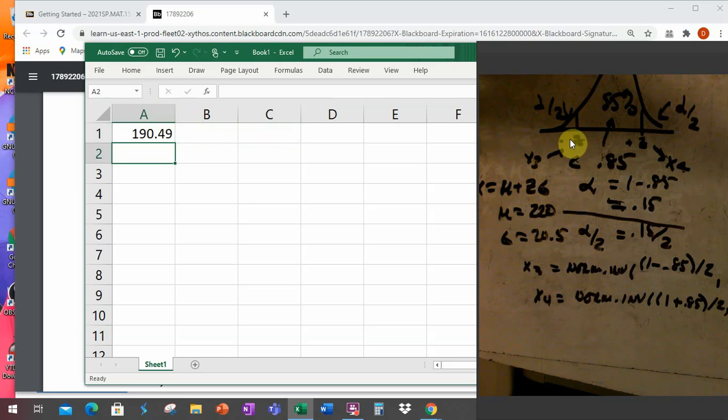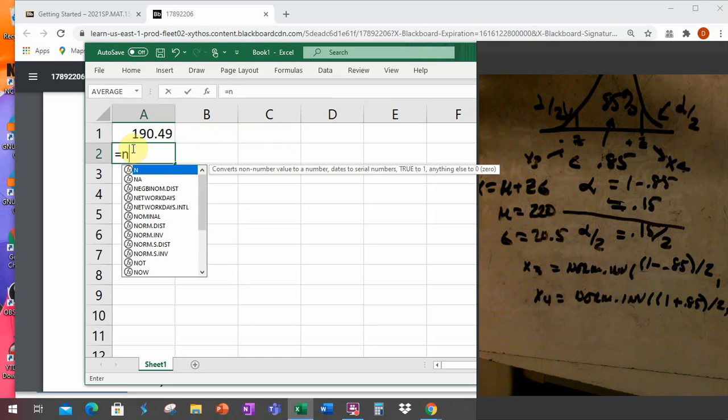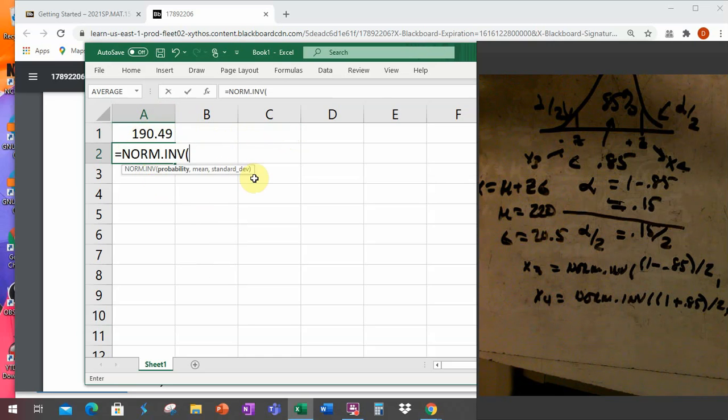So 220, 190, and then if I do this as the upper, I would do the parentheses, the 1 plus 0.85, middle 85%, /2, that does the division, and then again the 220, and then the 20.5.